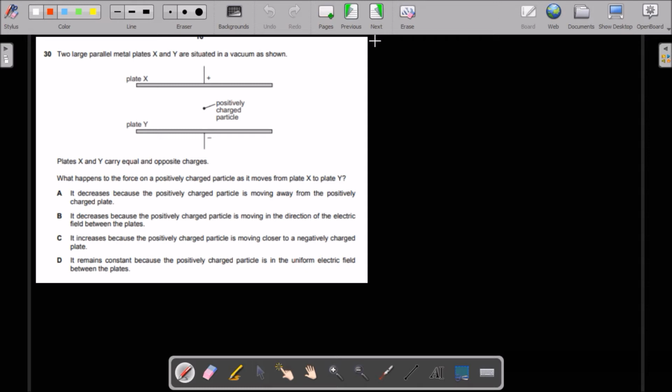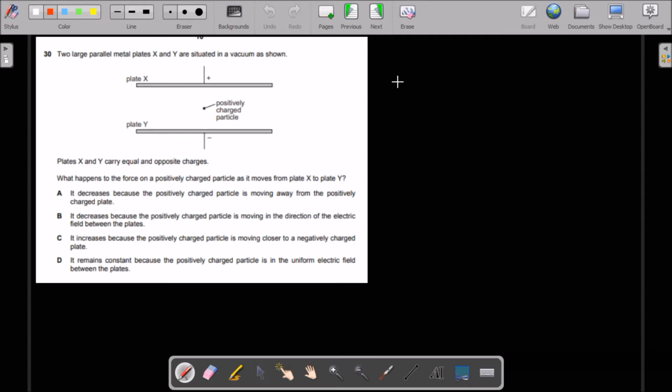We know that if there are two plates, one positive and one negative, between them there is a uniform electric field.